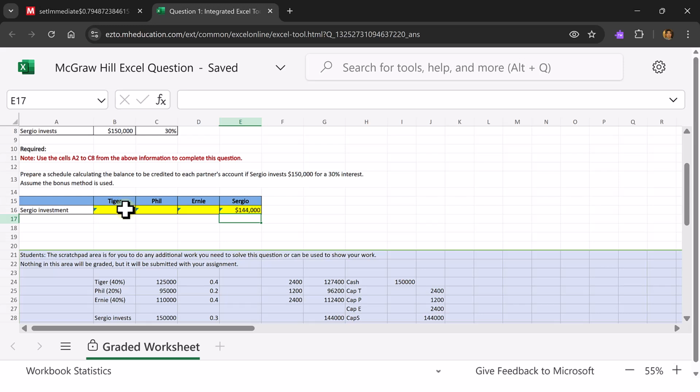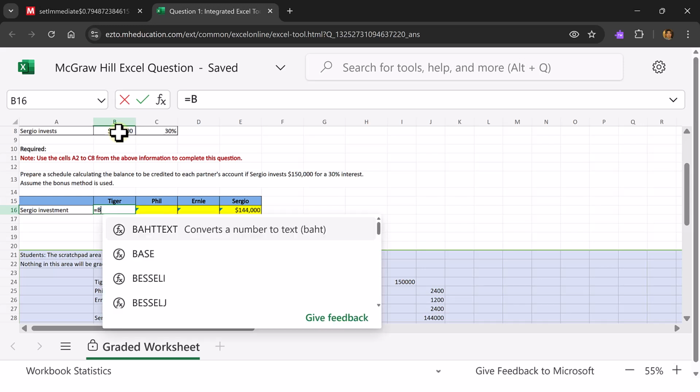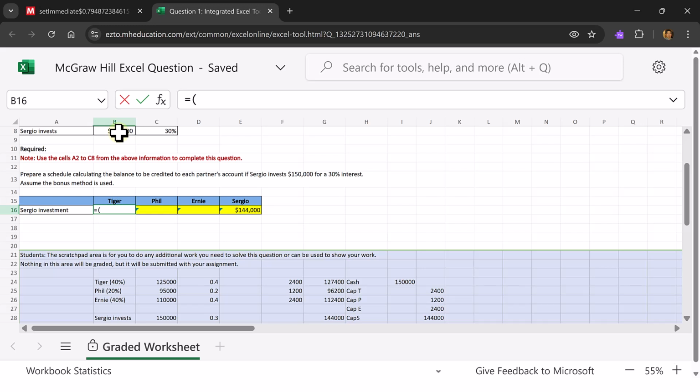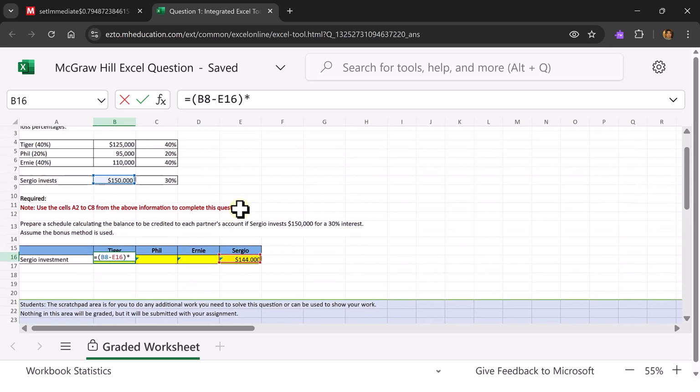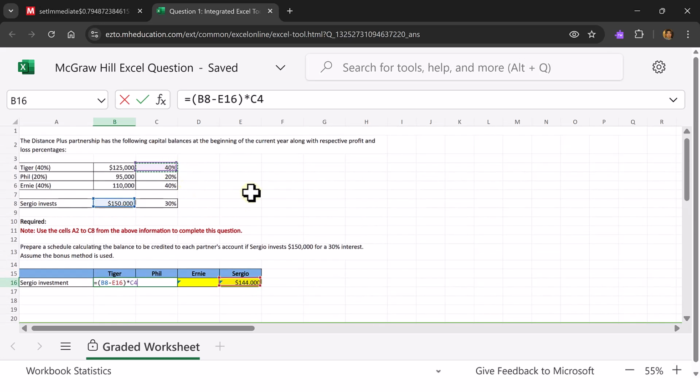Let's go to Tiger here. That's the amount of cash invested by Sergio. Let me put this in parentheses first. The cash minus Sergio's capital account he's being credited for, and taking that 6,000 and multiplying it by Tiger's income or profit sharing percentage of 40%.